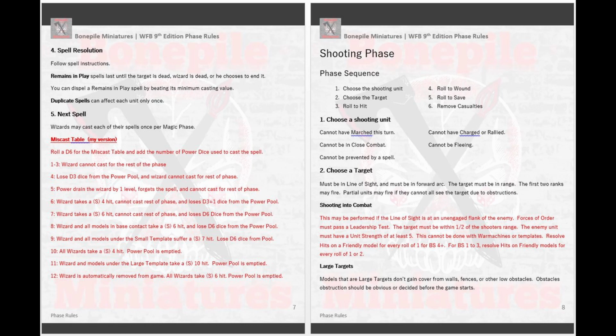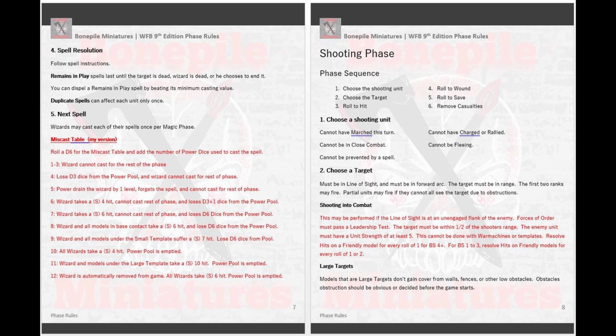So under the shooting phase, the first change that pops up is under the heading of shooting into combat. And this is another idea that I picked up from the Warhammer Armies Project, but I modified it. It reads, "This, or shooting into combat, may be performed if the line of sight is at an unengaged flank of the enemy.